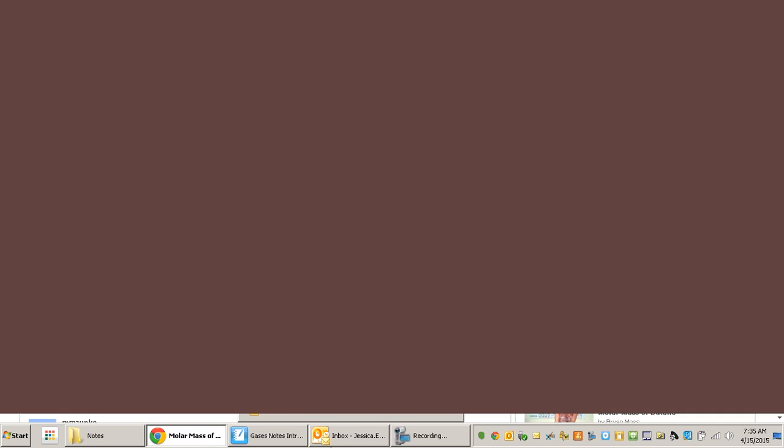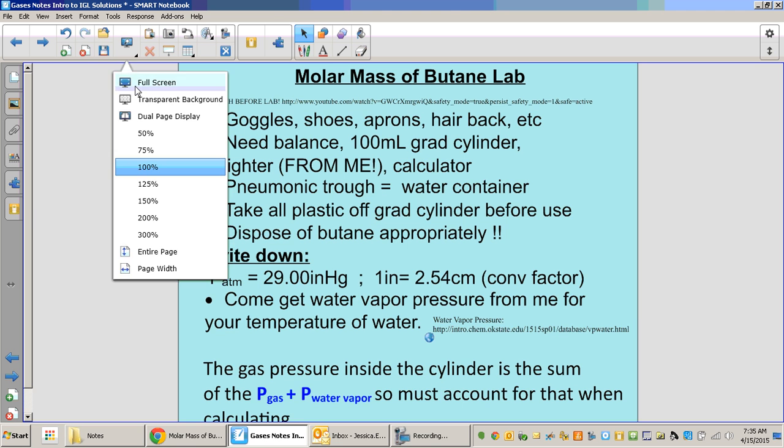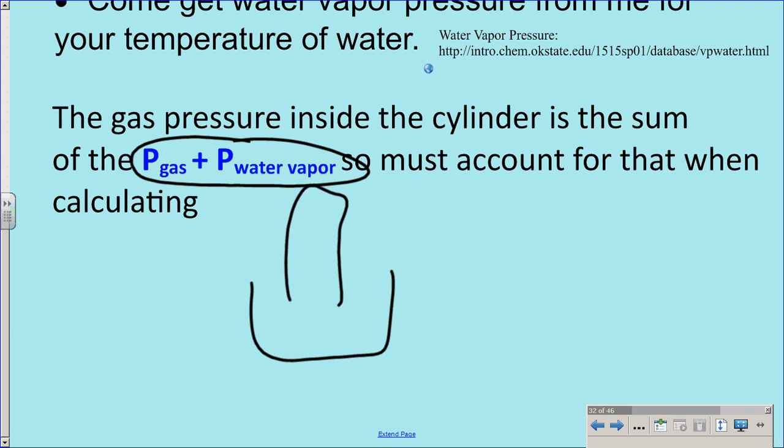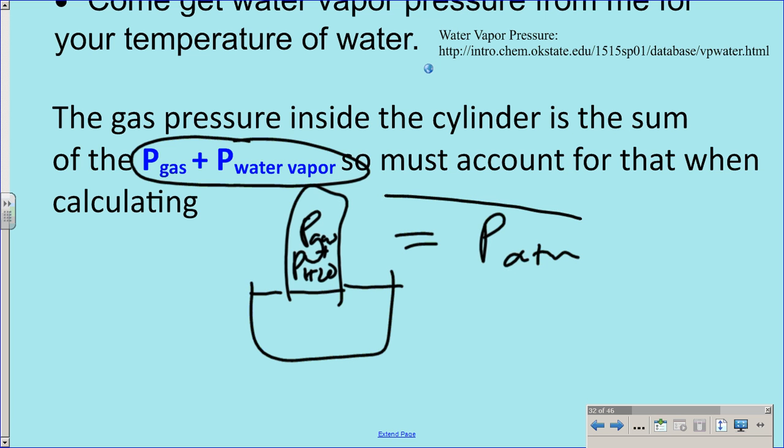You can assume that the gas inside of the graduated cylinder, there's gas up here, P gas plus the water vapor that's in here is equal to the pressure of the atmosphere outside, only when the water level outside of the graduated cylinder in the beaker is equal to the water level inside. Okay? So if you get to that point, you have to assume that this plus this is equal to P atmosphere. And then you ask, well, what's P atmosphere, Miss Enlow?